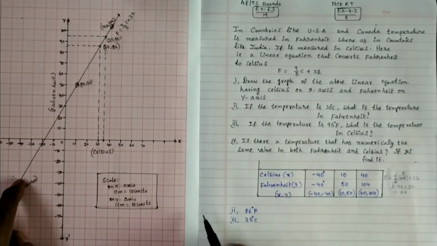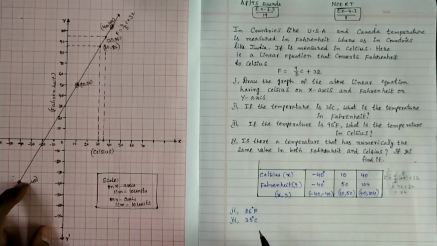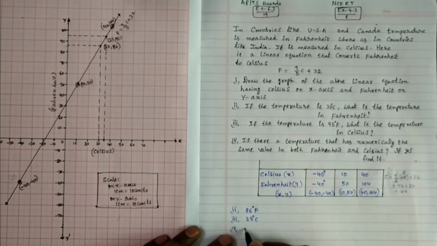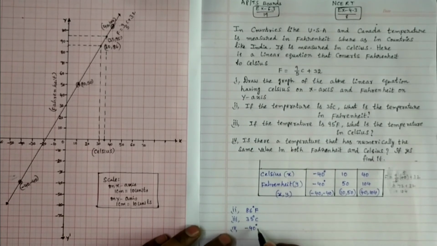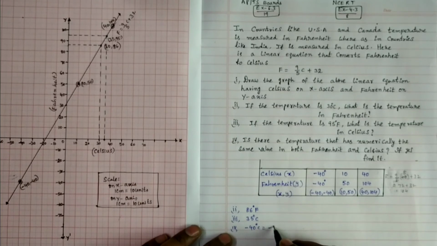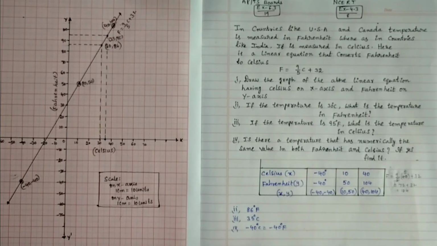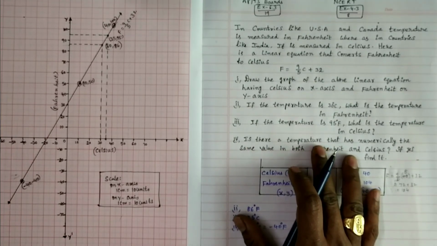So at this point, both Celsius and Fahrenheit are the same. So the fourth answer is, minus 40 degrees Celsius is equal to the same numerical value, minus 40 degrees Fahrenheit. So the total graph solution is finished.